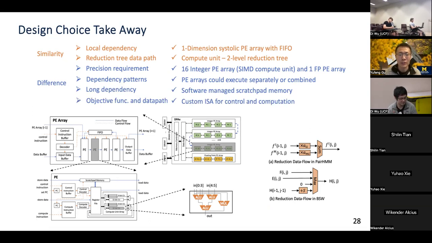And finally, the different dynamic programming algorithms have different objective function data paths. So we introduce an ISA rather than very custom operators and data paths. So that's how we use the similarity to customize the hardware and use programmability to support the difference between these algorithms.